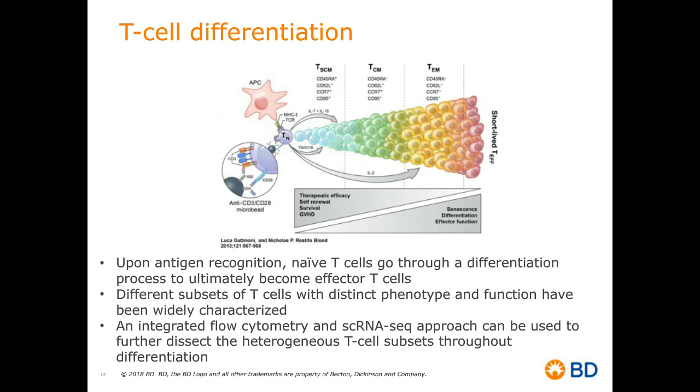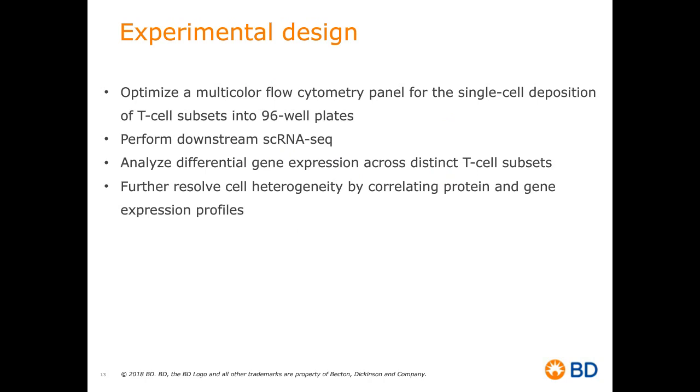And that's why we're going to use this as a model to showcase how integration of flow cytometry and single-cell RNA-seq can help scientists to better define and refine the characterization of T cells at different stages of differentiation. So I will briefly go through the experimental design.